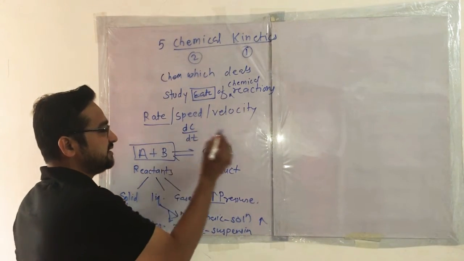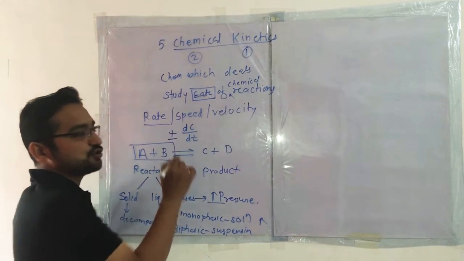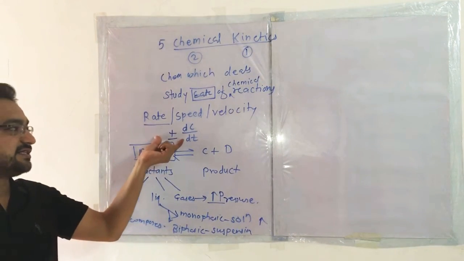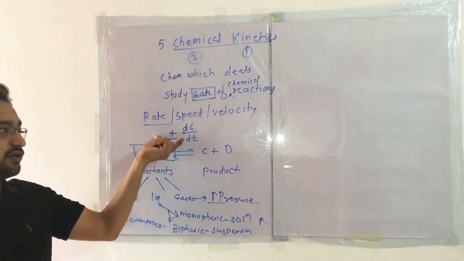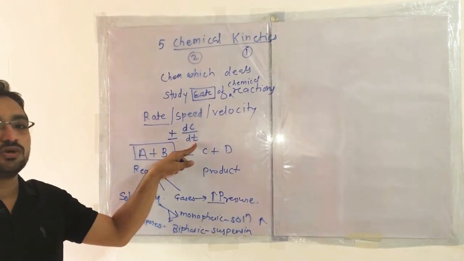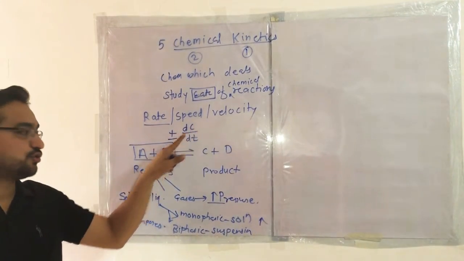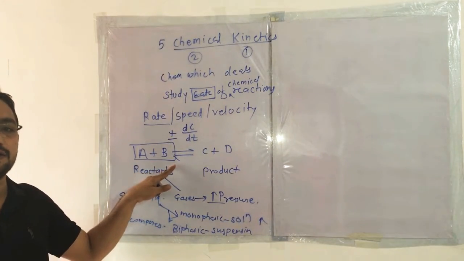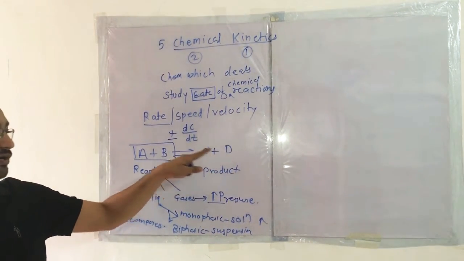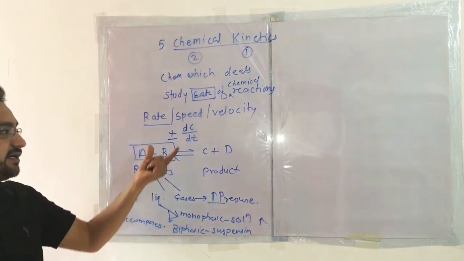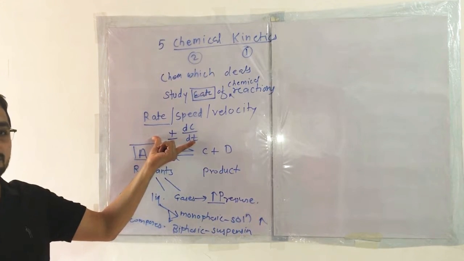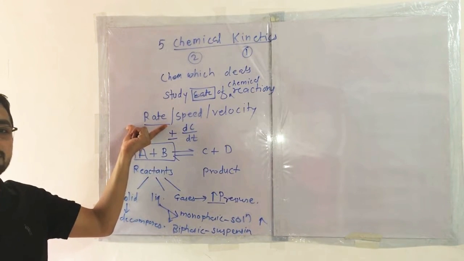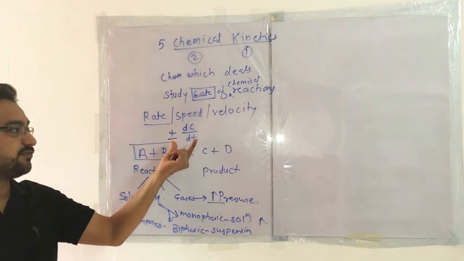This dC by dt may have a plus or minus sign. It is the change in concentration with respect to time, where C is the concentration of the reactant reacting to produce the product.